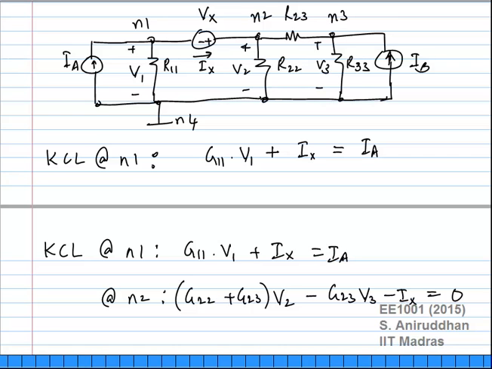Similar to the earlier case, I have a current V2 by R22, that is G22 times V2, flowing through R22. Okay, and I have G23 times V2 minus V3 flowing out. Okay, so I have combined those two terms into this G22 plus G23 times V2. There is one small step I have kind of jumped here.